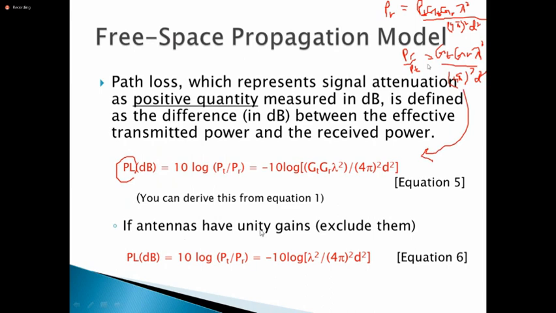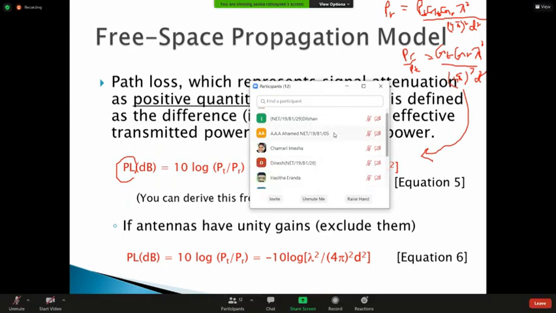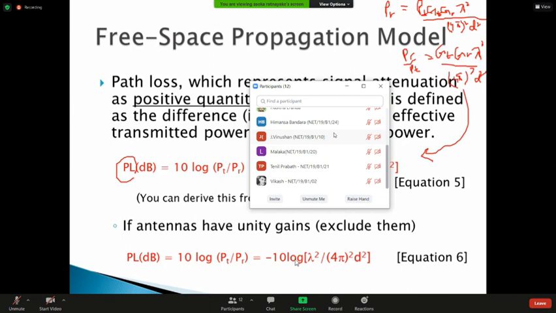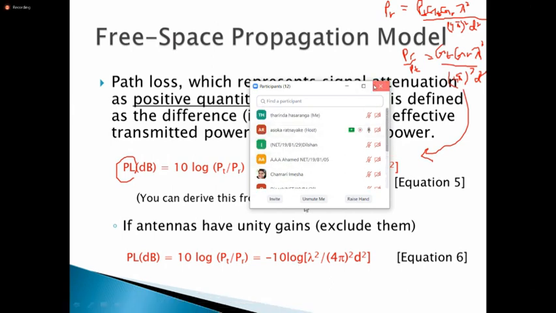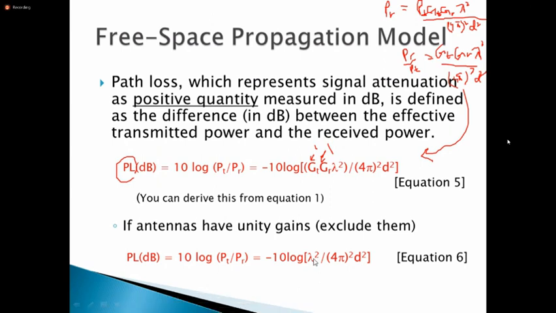Then here if antennas have unity gains, GT GR දෙකම එකයි නම්, you can ignore them as well, and this is the most simplified form.